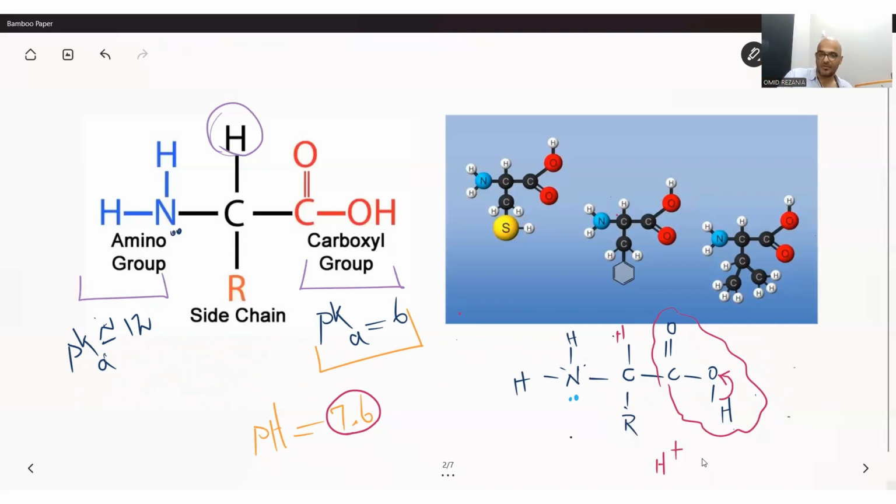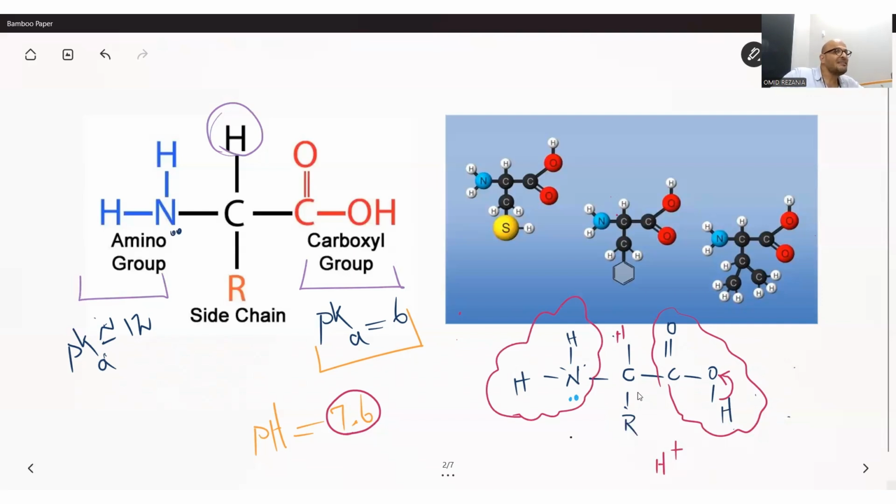And look at the other terminus. The other terminus that we have over there is the amino group. The pKa value is how much? 12. But the pH of the environment is 7.6.